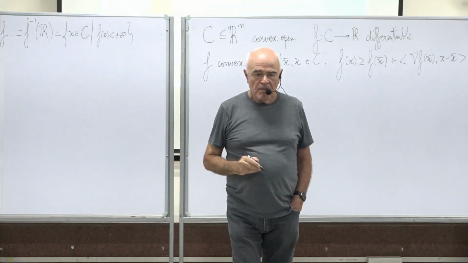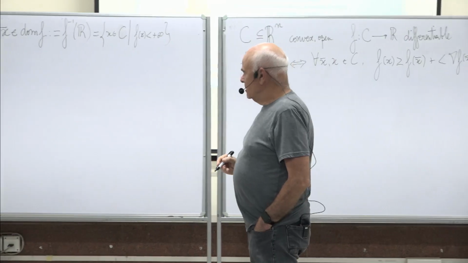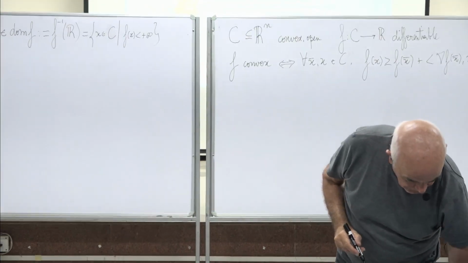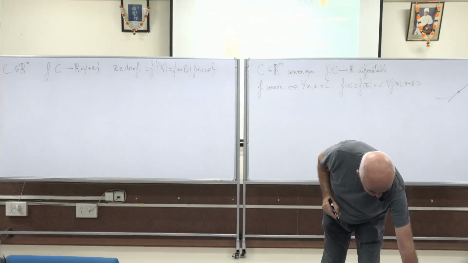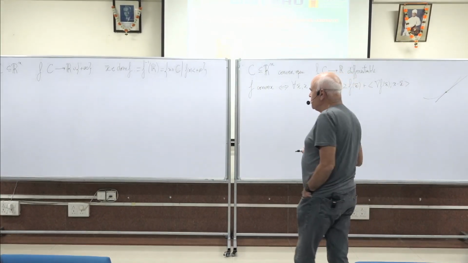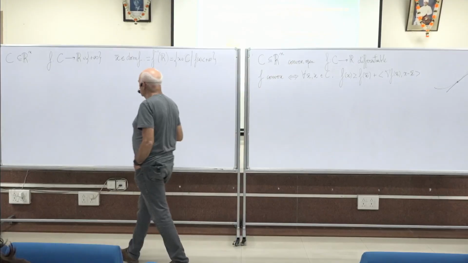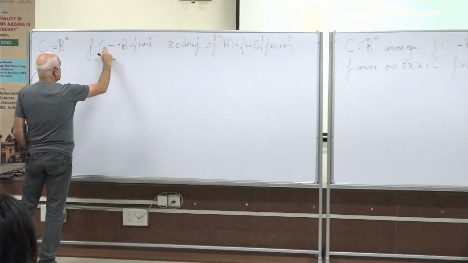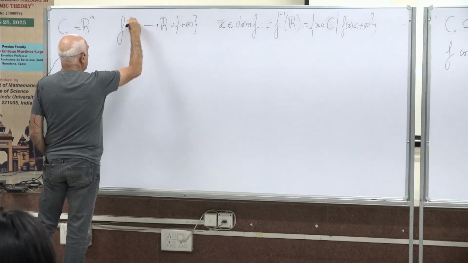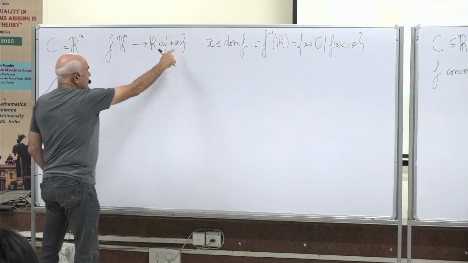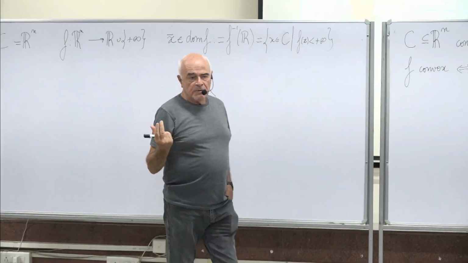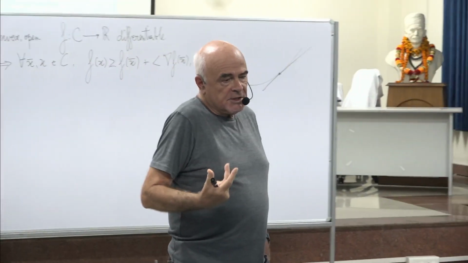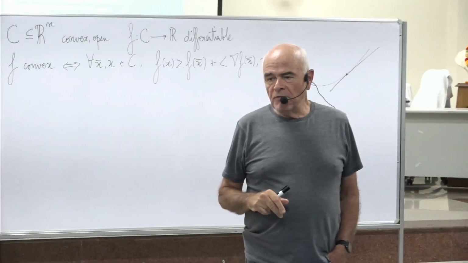But even more generally, in this situation, we can take C equal Rn. So f is defined on Rn because we are admitting the value plus infinity. So outside C, if C is not the whole of Rn, we extend the function with the value plus infinity.